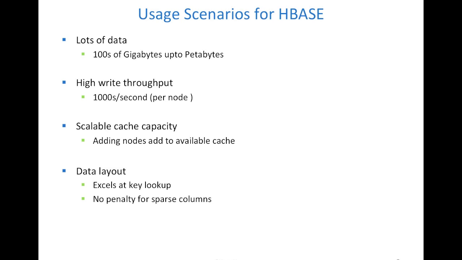So what are the usage scenarios for HBASE? HBASE is good for scenarios where there is data running in hundreds of gigabytes or up to petabytes. It is good for cases where one needs very high write throughputs. And given its distributed nature, one of the good side effects is that it has a very high in-memory cache capacity.